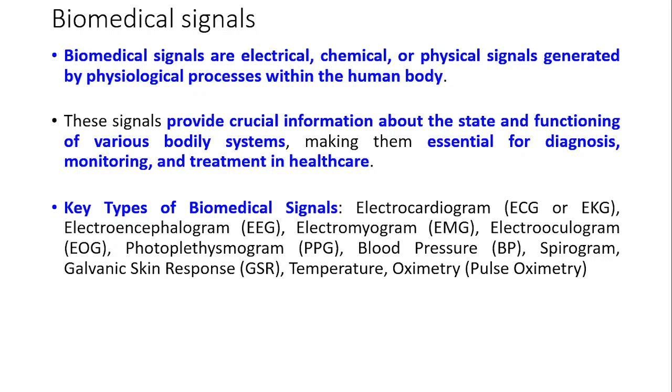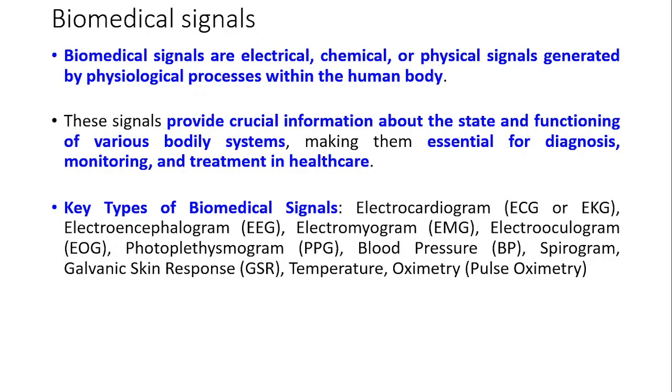Here we are defining that the signals should be from mammalian systems. It may be cat, it may be cow, it may be human. In our case, we will be concentrating on human physiology. So biomedical signals are the electrical, chemical, or physical signals that are generated by physiological processes within the human body.